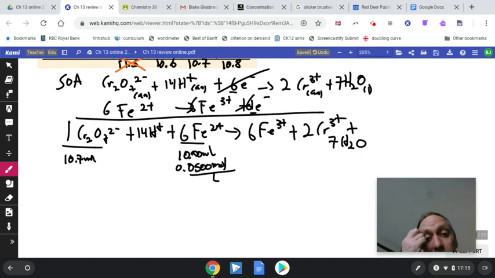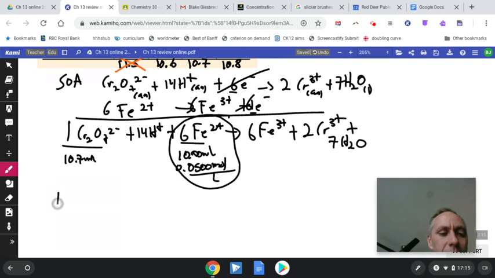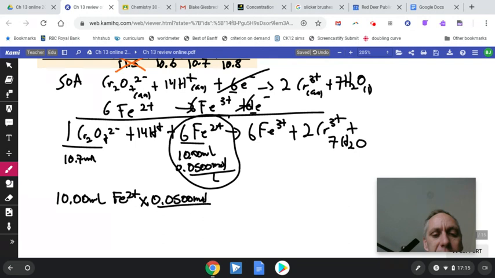So in solution stoich, you always start with the one that you know its concentration and volume. So here we go. We've got 10 milliliters of Fe2+ times its concentration. Okay, and that's going to give us the moles of Fe2+, and we're looking for the concentration of Cr2O7 2-.